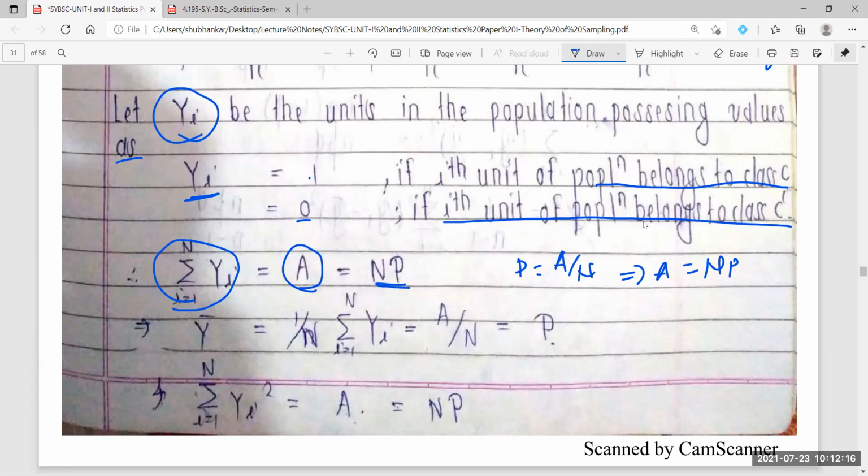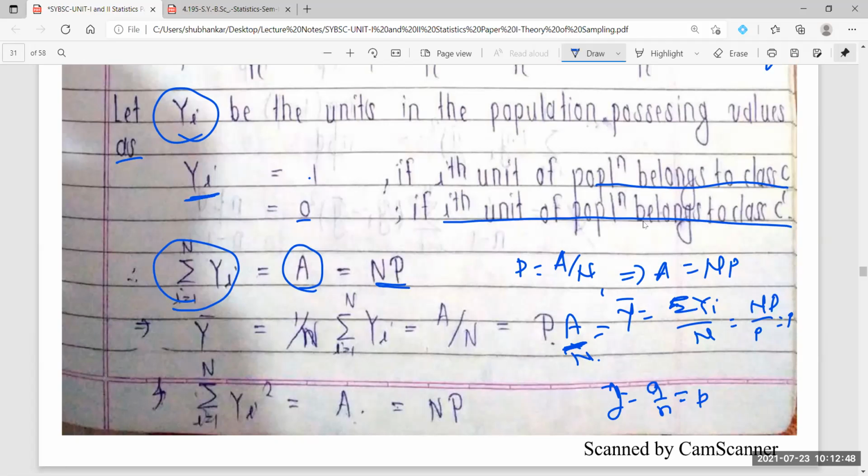So similarly Y bar is equal to summation yi divided by capital N, so NP divided by N, that is equal to capital P. So the Y bar means the population proportion of units belonging to class C, and this is equal to A by N. Okay, similarly small y bar is equal to small a by n, and that is equal to small p.